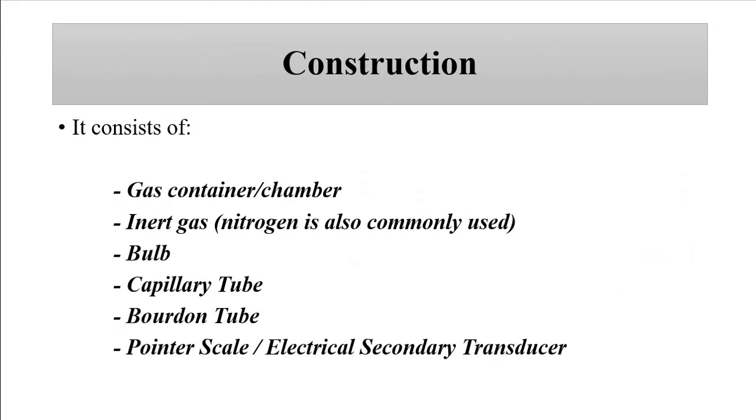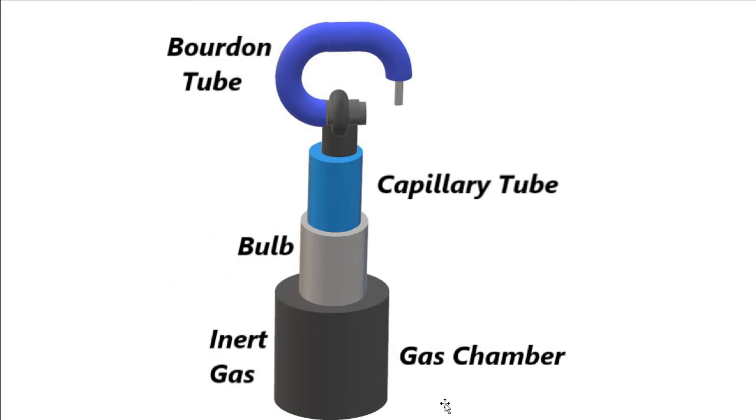The design of the constant volume gas thermometric sensor is something like this. We have a gas chamber with an inert gas which is exposed to the place where the temperature is to be measured. Inert gases have a stable electronic configuration and are non-reactive.